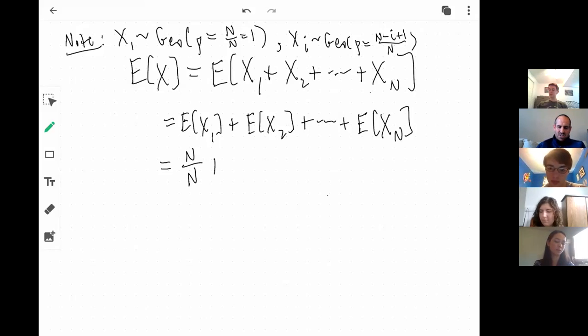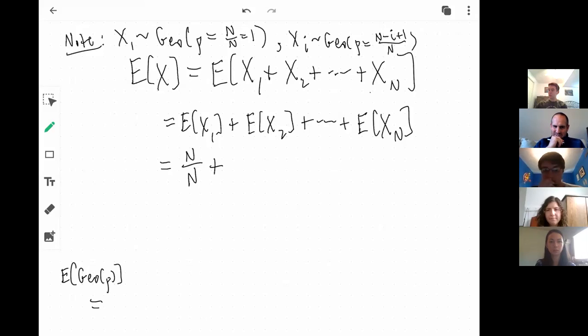What's the expected value of any geometric, right? So if I want the expected value of any geometric with proportion of success p, what was that? Do you remember? Was it 1 over p? Yep, 1 over p.